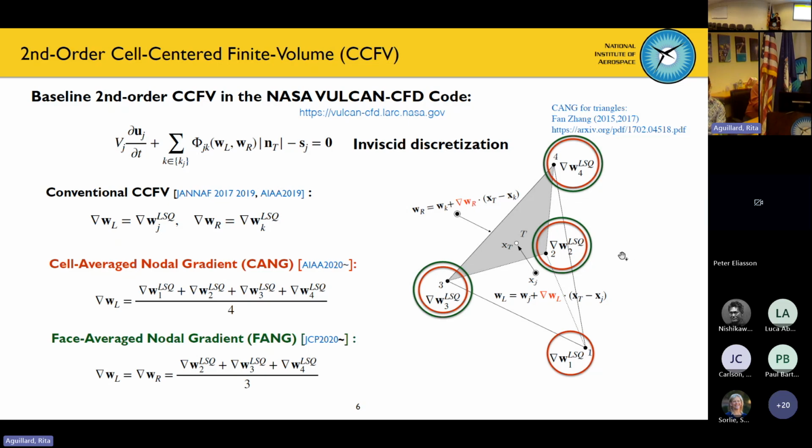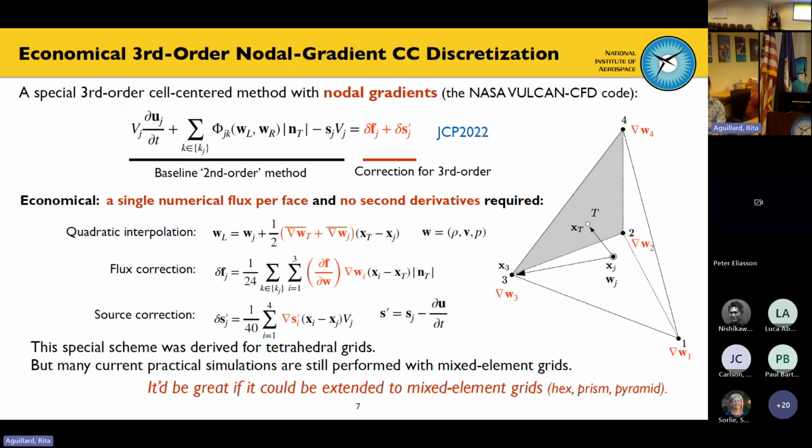And then we move to the third-order scheme. Still we keep gradients at nodes. Here's a baseline second-order method, and we just add correction terms to the flux and the source term. Then you achieve third-order accuracy, still with a single numerical flux per face and no second derivatives required. And this is an amazing quadratic interpolation scheme.